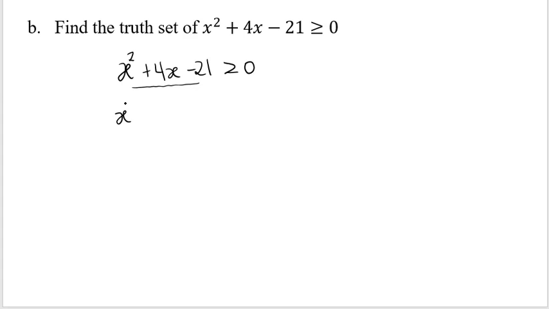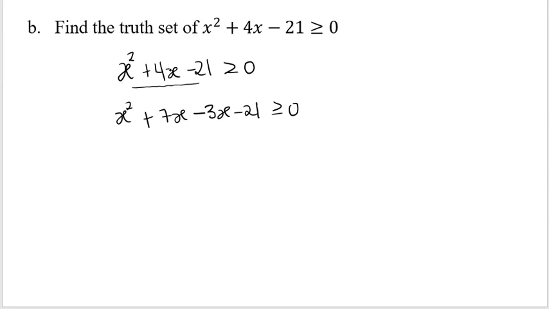So we have x squared plus 7x minus 3x minus 21 is greater than or equal to 0. The reason why we are having the 7x and the 3x here is, if you want to factorize this particular quadratic expression, the coefficient of x squared is 1 and the constant is -21. So when you multiply, you get -21.